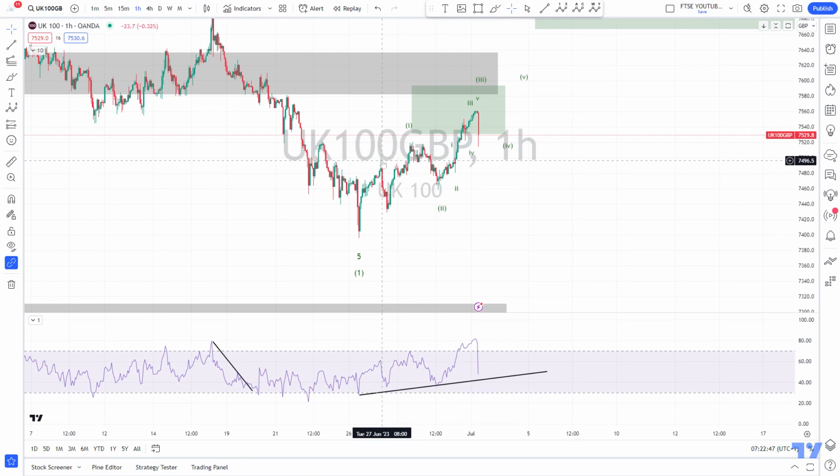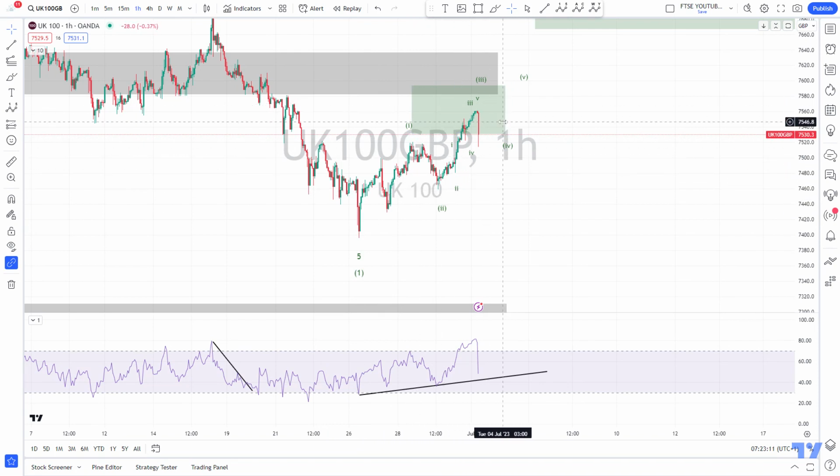This is no longer your ABC. If you have a push like this, then if you look at your RSI, this one here is invalidated. So then your ABC actually becomes this structure here, A, B, C.